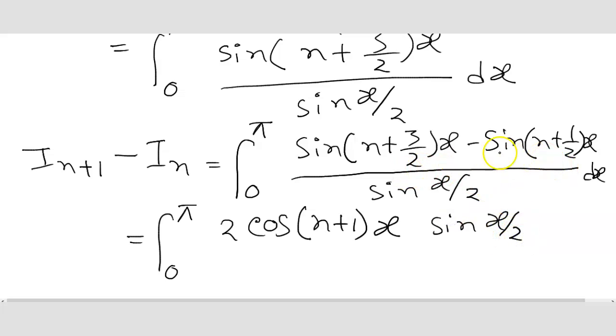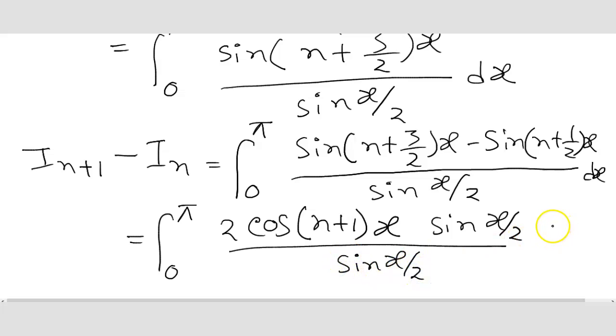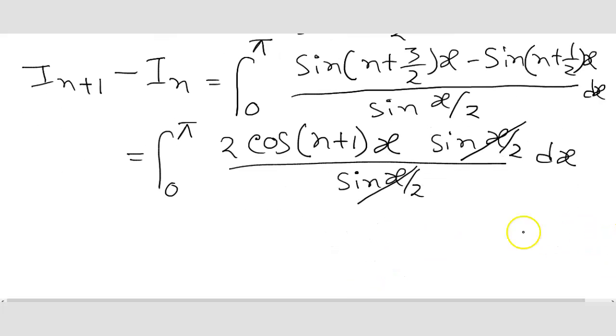See, n and n cancel out, and 3/2 minus 1/2 is simply 1. Something like this, and people can easily see that these two cancel out very easily. So we are left with simply this easy integration.